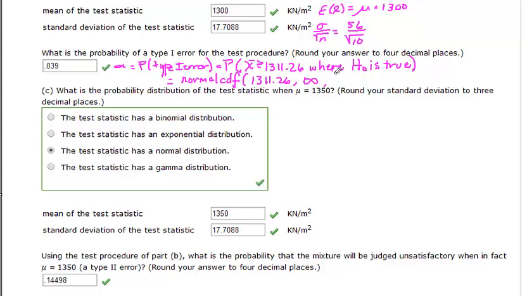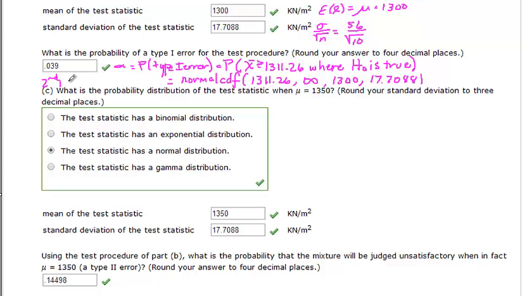And then my mean is 1300. And my standard deviation is the 17.7088.